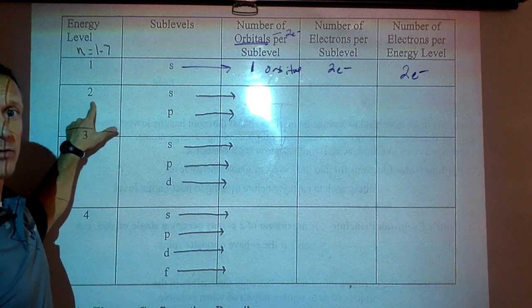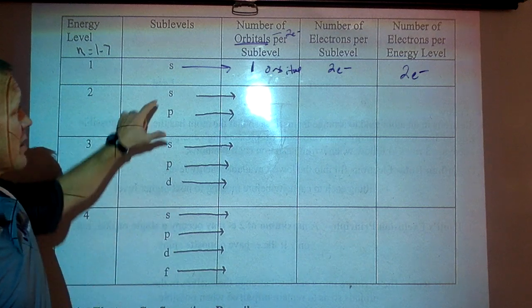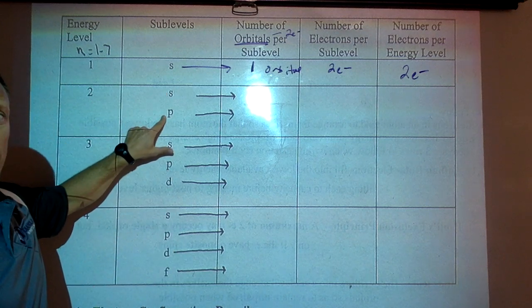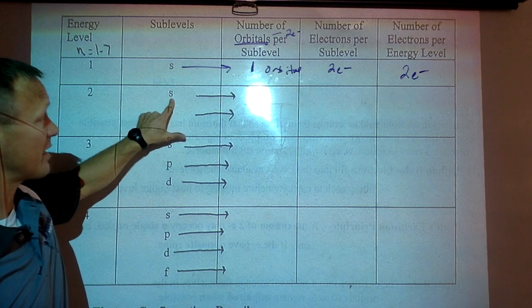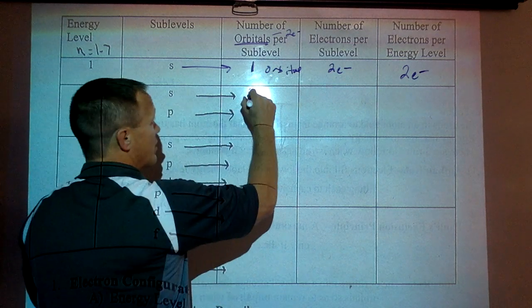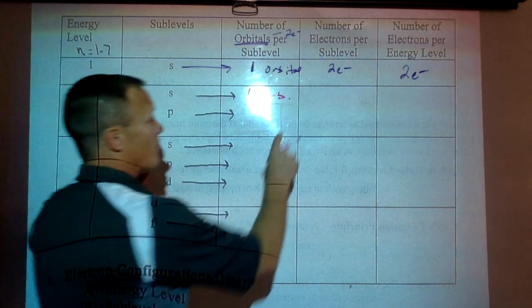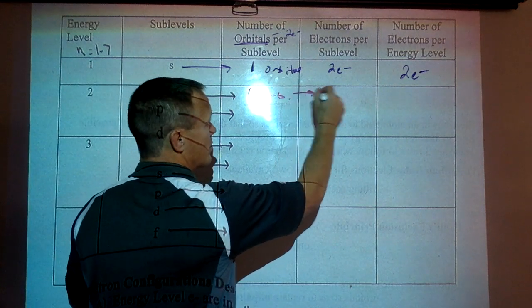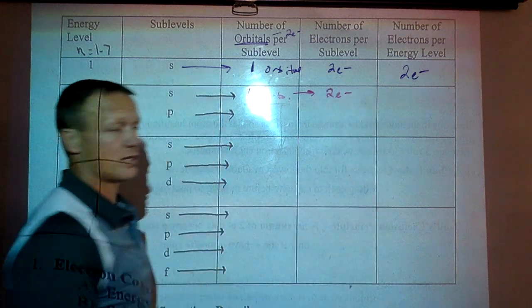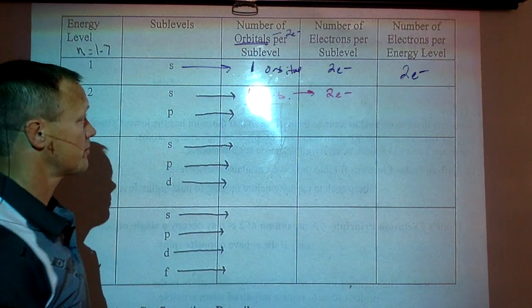The second energy level, a little bit bigger, a little farther out, has an S sublevel and a P sublevel. In the S sublevel of the second energy level, there is again 1 orbital. That 1 orbital has 2 electrons in it. Again, an orbital holds 2 electrons.